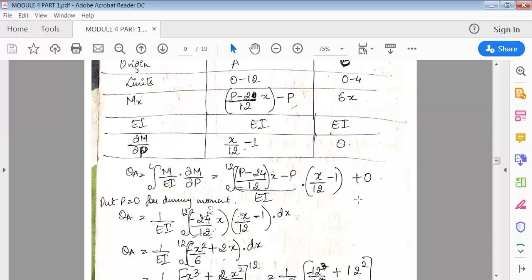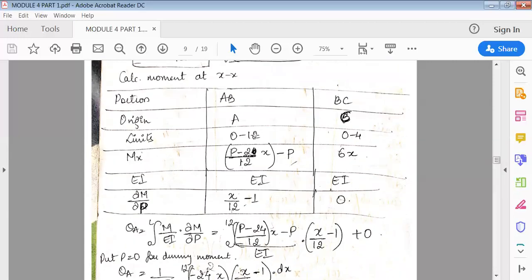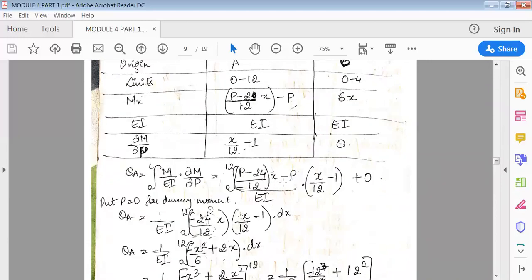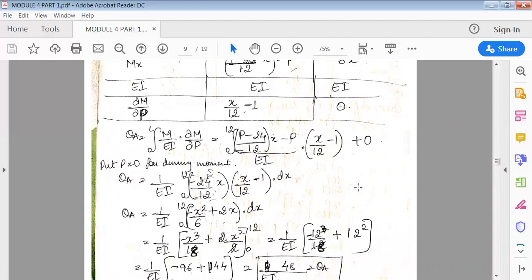Alright, so now theta A, again theta is given by the integral from 0 to L. Write the formula first: integral 0 to L of M over EI dou M by dou P. So 0 to 12. Now put this value: (P minus 24) divided by 12 into X minus P, into dou M by dou P, which is this parameter, X by 12 minus 1, is equal to 0.